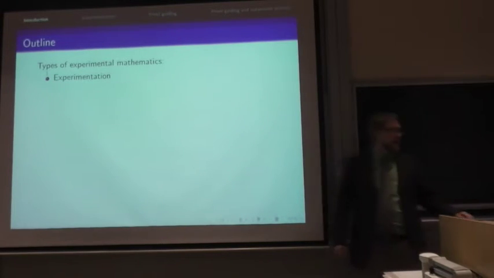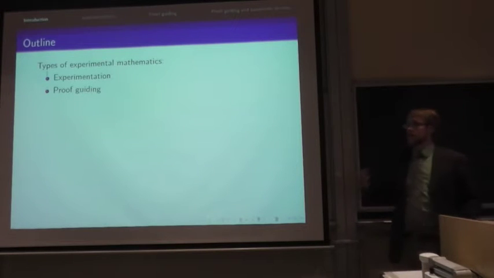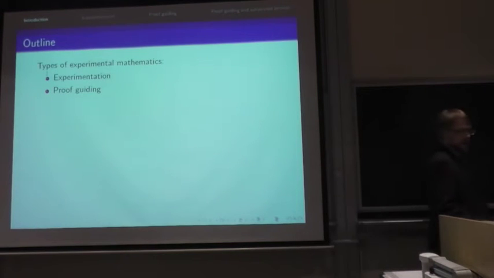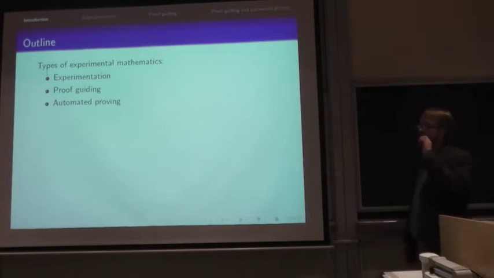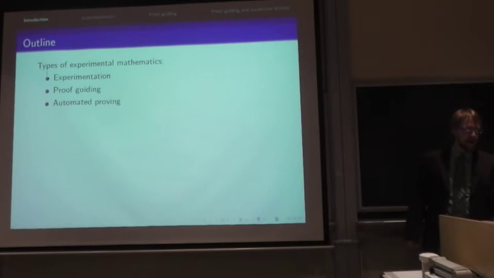So one part would be about experimentation, one part would be using computers to guide my proofs, and then finally, we will see some cases where I can even use the computer to automatically prove theorems, but without any real human input.